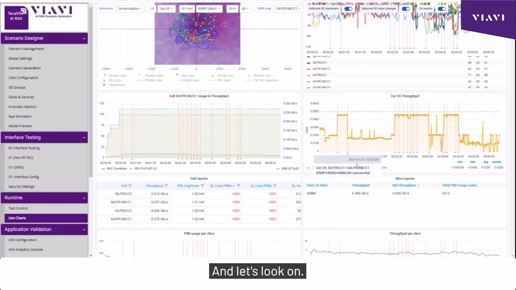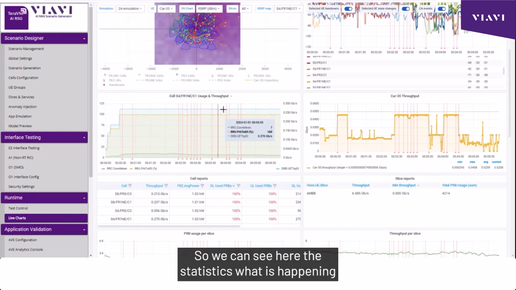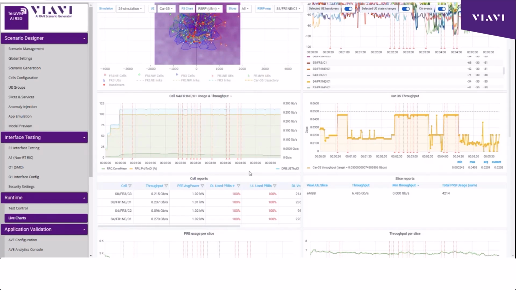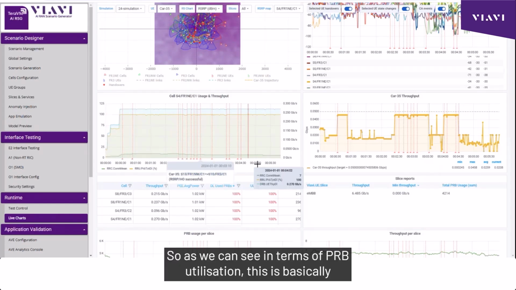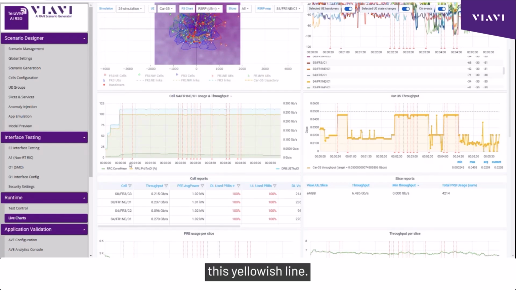Yes. And let's look, so we can see here the statistics, what is happening with this cell. As we can see, in terms of PRB utilization, this is basically this yellowish line.